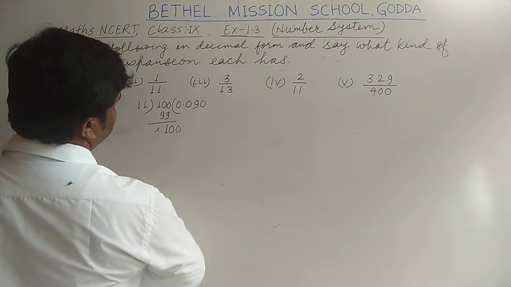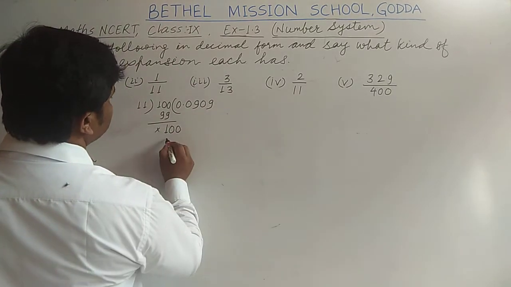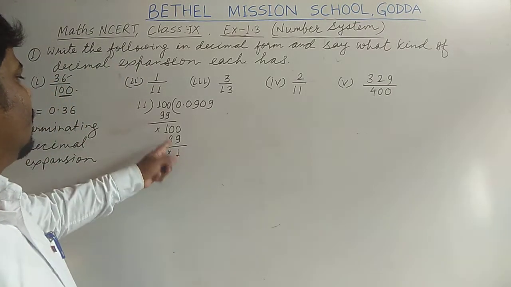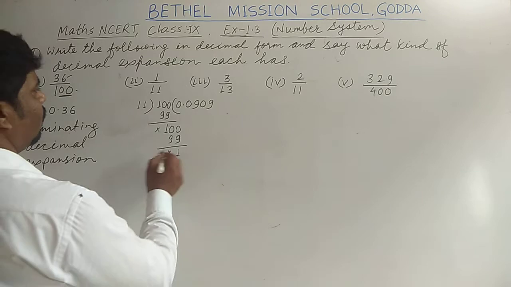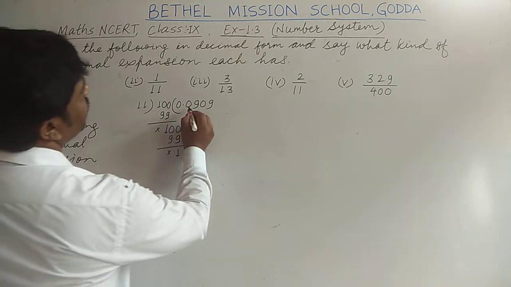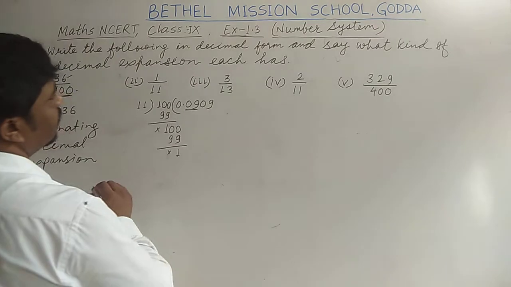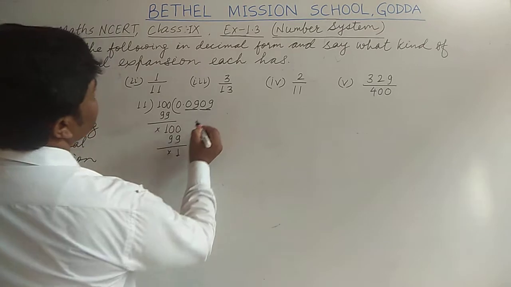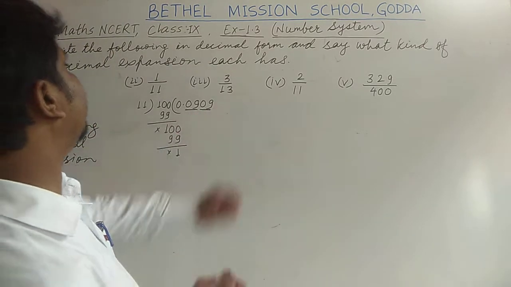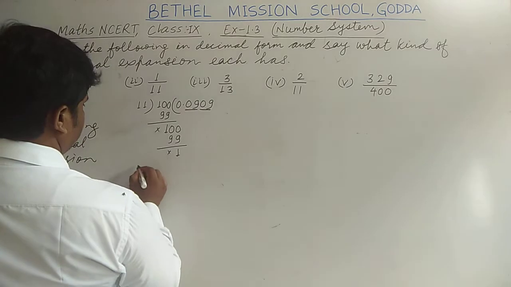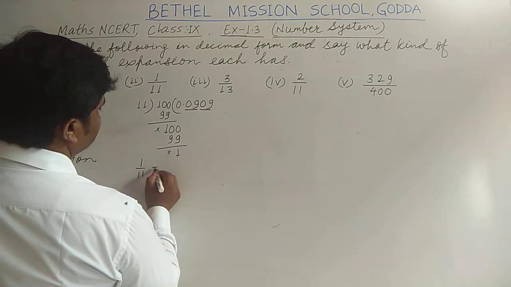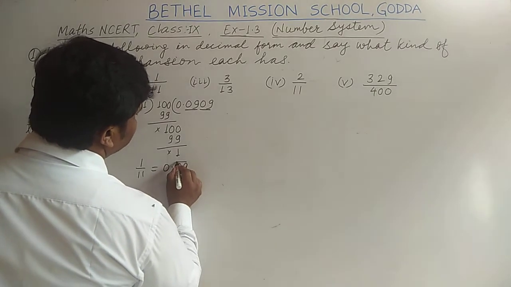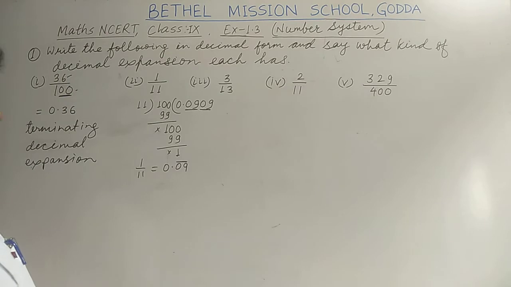Then it will give 10 again. 9 times 11 is 99, remainder 1. So you can see always we are getting 1, and when you divide this 1 by 11, it is giving 0.09. Means 09 is repeating. It means 1 by 11, the value is 0.09, and 09 is repeating decimal.